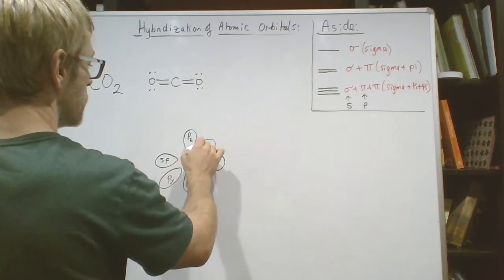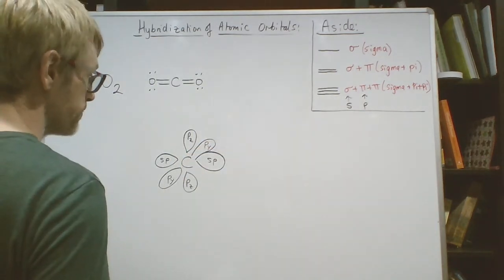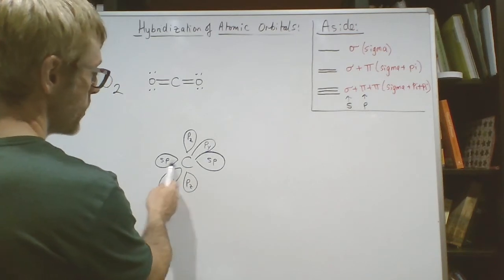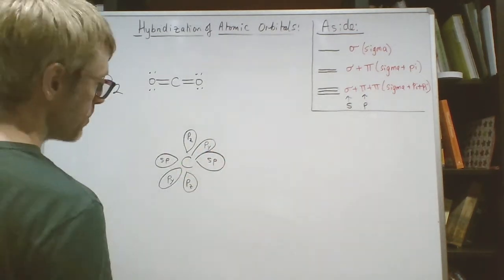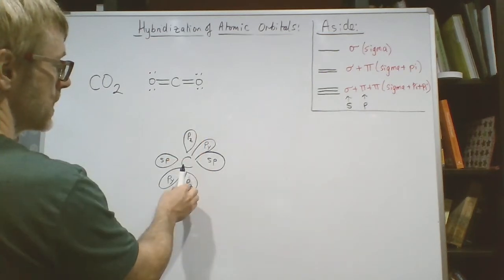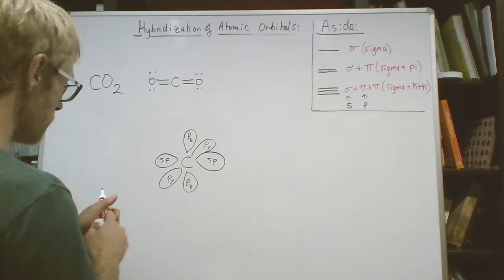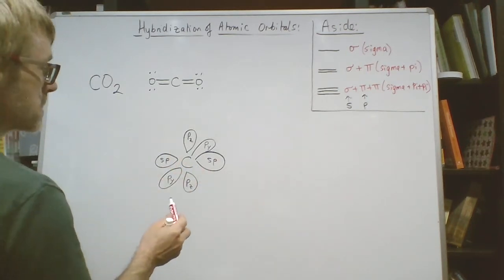Py. Okay, so we've got the third P tied up with the hybridization. The two other P's are unhybridized, PZ, PY. Okay, so that's carbon done with its P contingency.